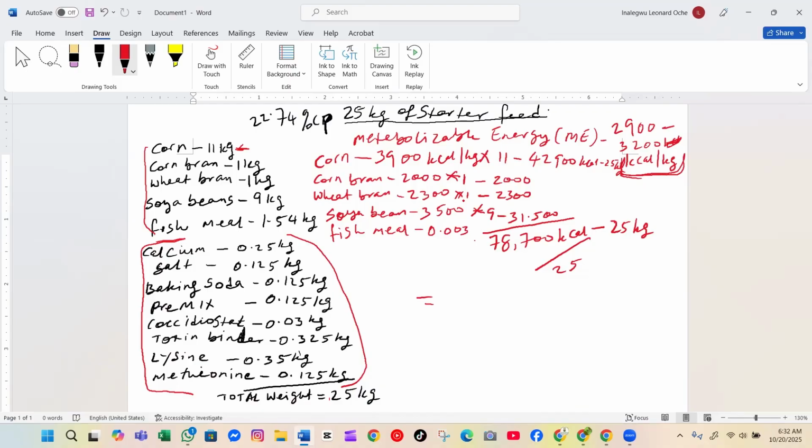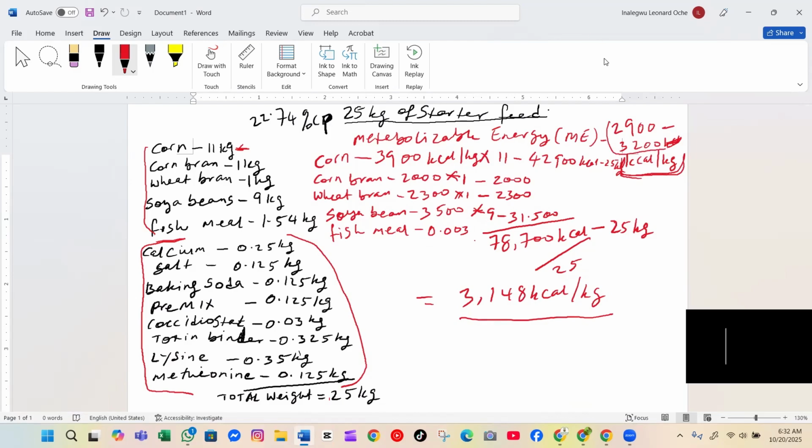Divided by 25, we have 3,148 kilocalories per kg.